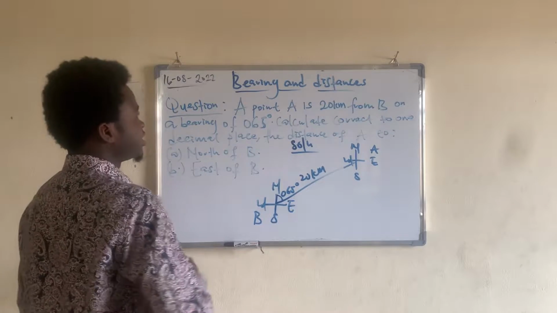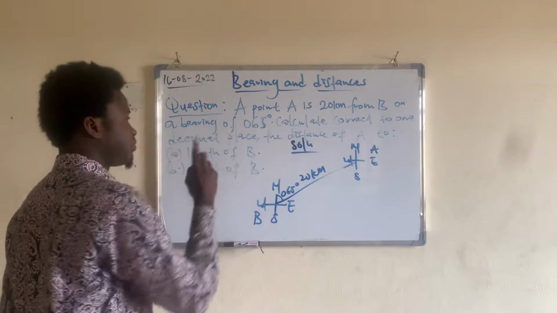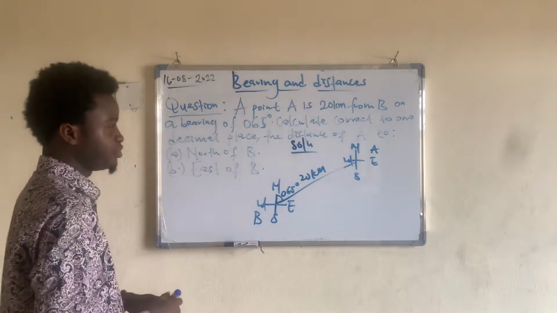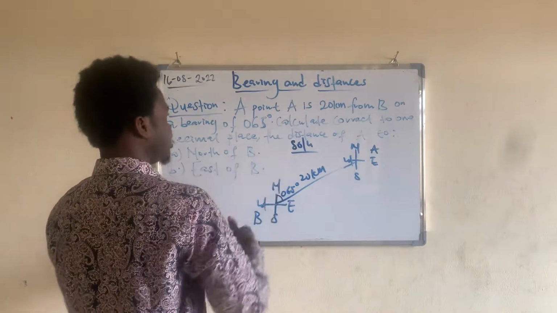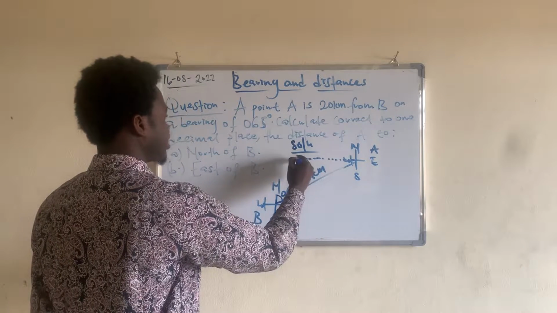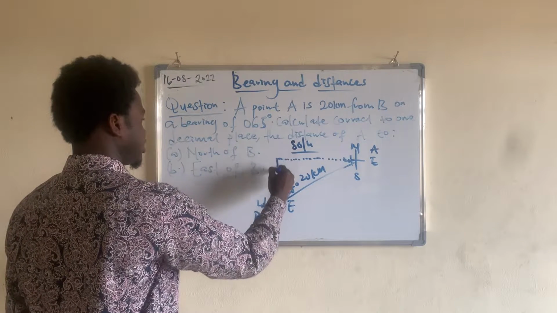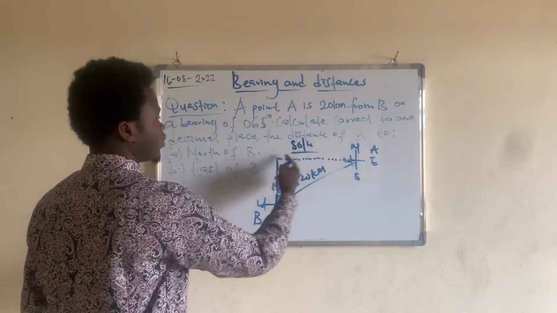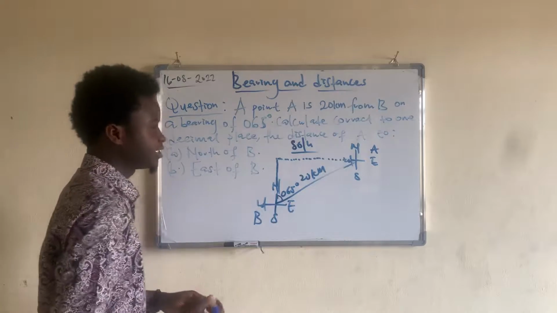Now the question says calculate, correct to one decimal place, the distance of A north of B. To find the north of B, I have to create a broken line. You can draw a broken line this way and join it with this. So I am to look for this distance here.